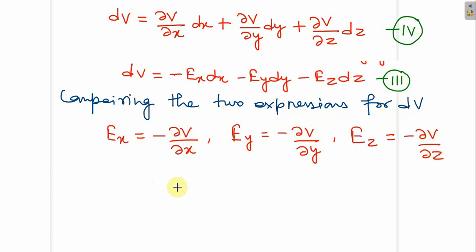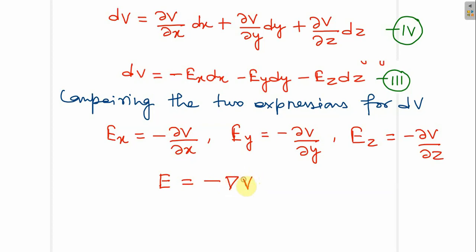So in general, we can write E equals minus of del upon del x, del y, del z. This is the del operator, and we represent the del operator with this inverted triangle symbol.